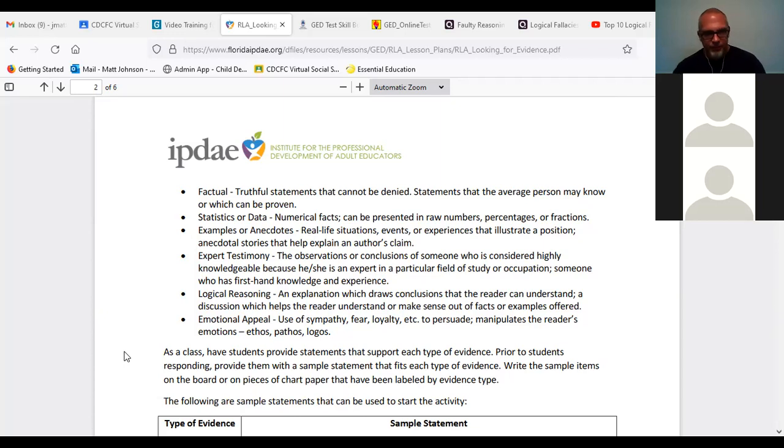Expert testimony. So generally speaking, now they have this kind of in a hierarchy, but here I would say expert testimony probably is a little more reliable than an anecdote. So, they have observations or conclusions of someone who is considered highly knowledgeable, and because he or she is an expert in a particular field of study or occupation, someone who has firsthand knowledge and experience.